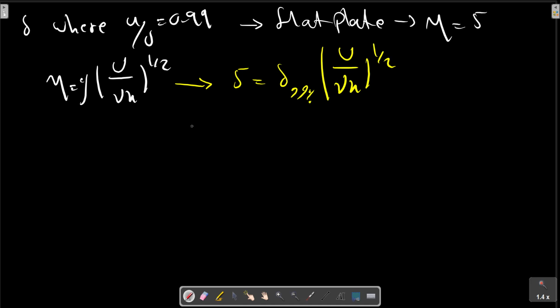At the end we reach the Blasius equation for a flat plate and the thickness of the boundary layer, delta over x equals 5 over Reynolds x to the one half, the Blasius equation.